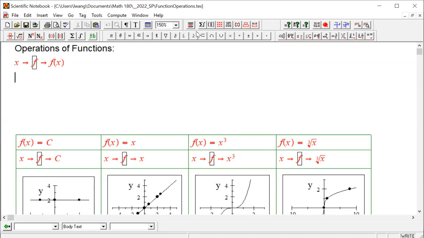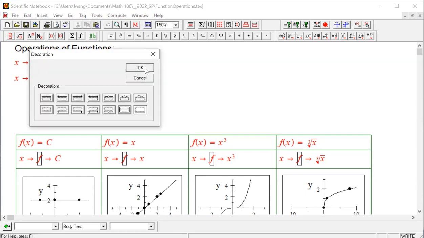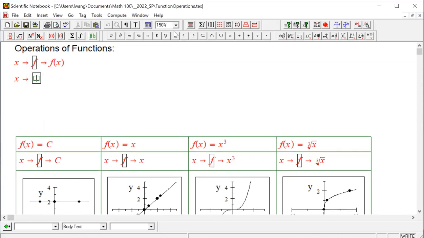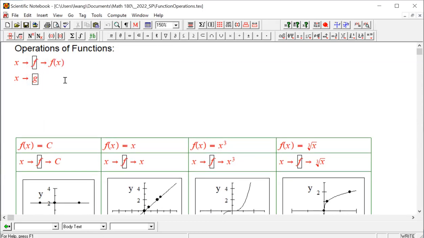Suppose there's another function we call g. And g is a rule as well. A function is a rule that assigns each element in the domain exactly 1 element in the range.